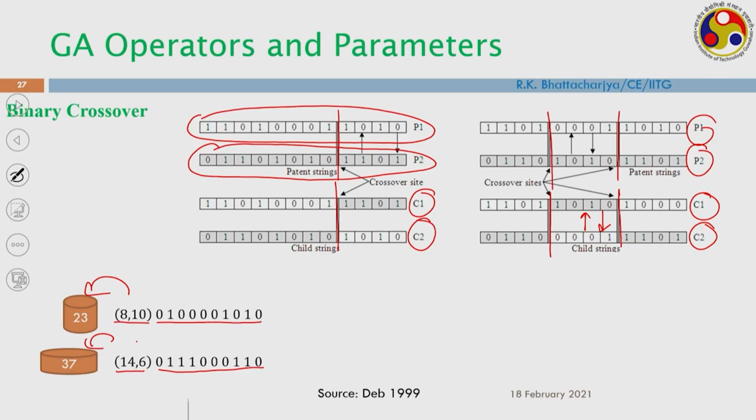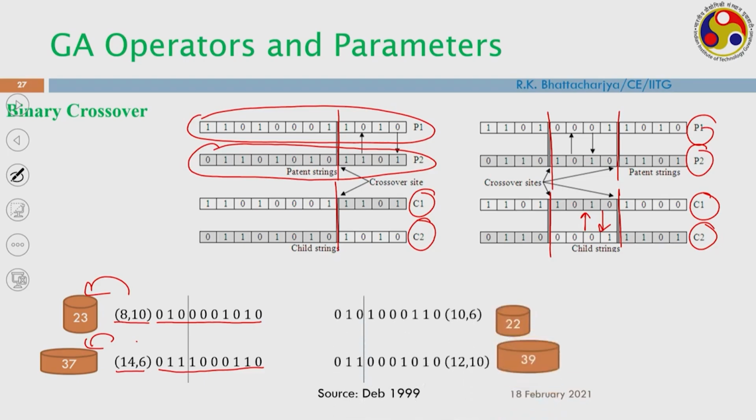This is the string, the decoded values are 14 and 6, and the corresponding cost value is 37. Now, if you take this as a crossover site, that means the crossover site is 3, and then you are exchanging the gene information. This portion of the first string and this portion of the second string will create child 1, and similarly this portion of the second string and this portion of the first string will create the other solution.